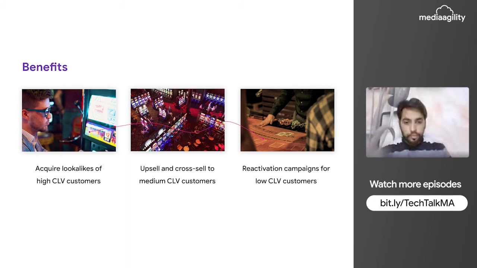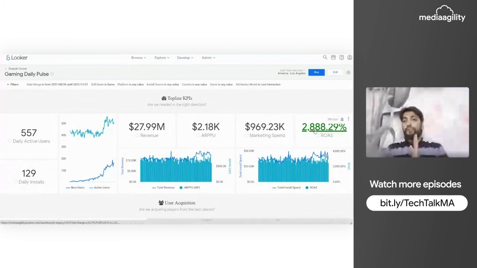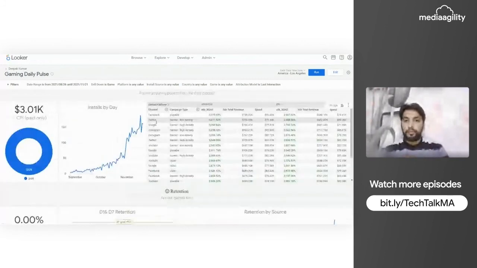One of the Looker dashboards that I'm going to show you, in the interest of time, let's briefly look at this dashboard. You can see it has a lot of key KPIs like revenue, average revenue per paying user, what the marketing spend is, and what the ROAS is on all of your platforms, whether it's Facebook, Twitter, Insta, or Google. On Android, for example, which campaign is more profitable to you, or on iOS, which campaign is making sense and generating more money.